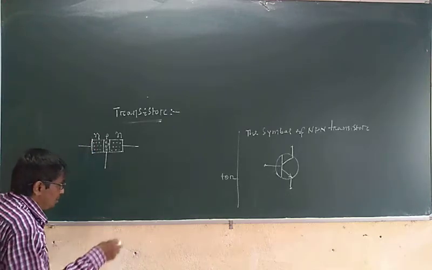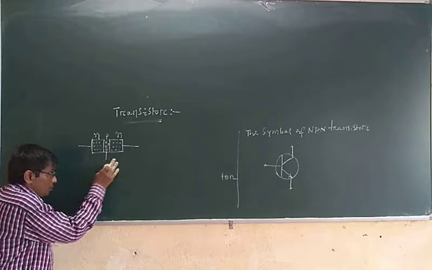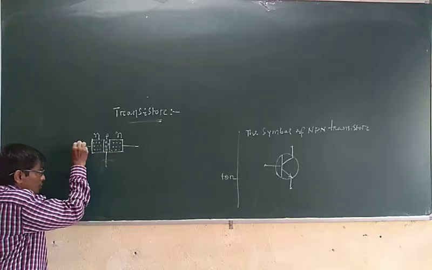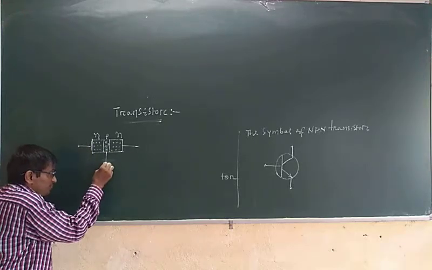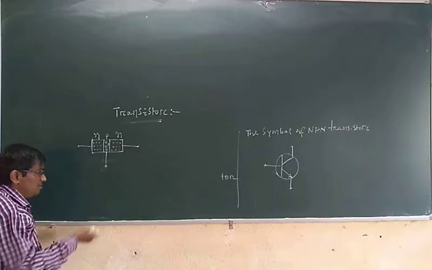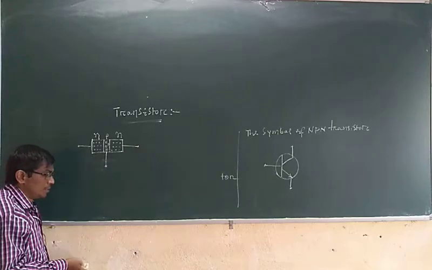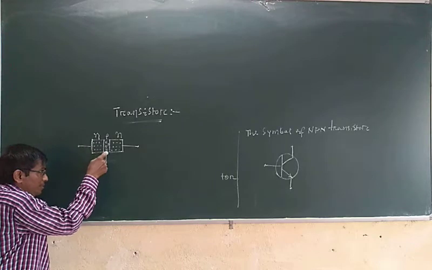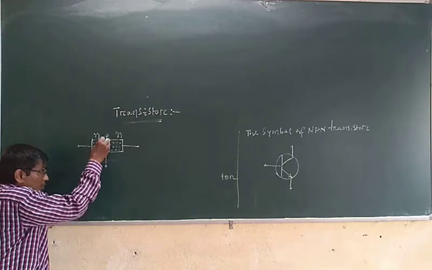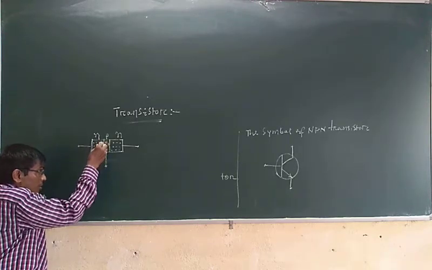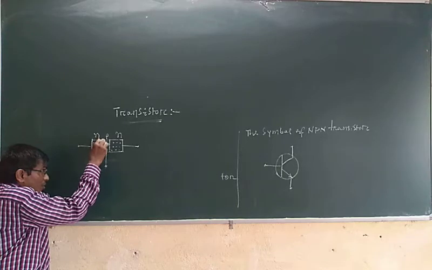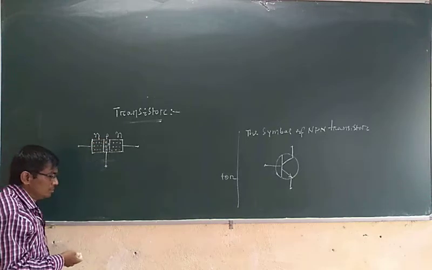Now in this construction or diagram, there are three terminals. This is the N material, where all are free electrons.